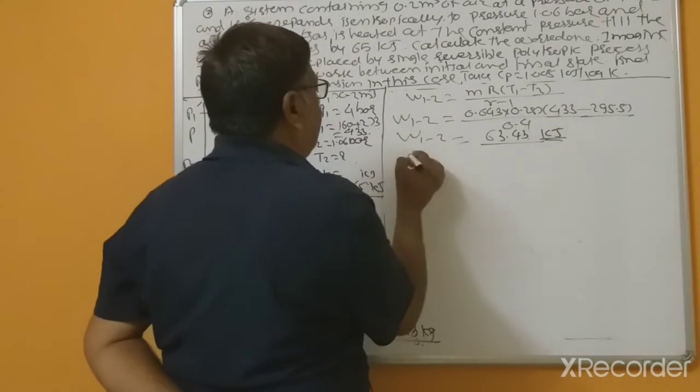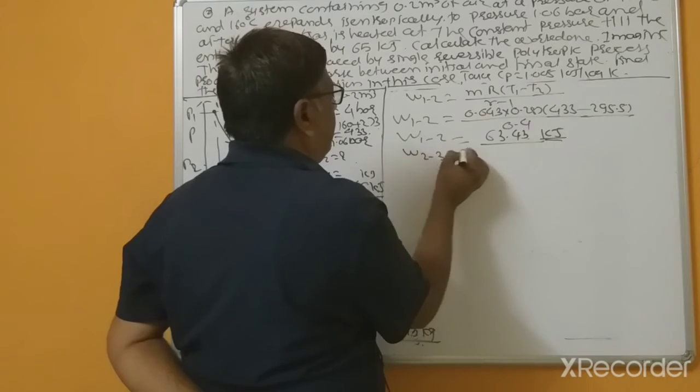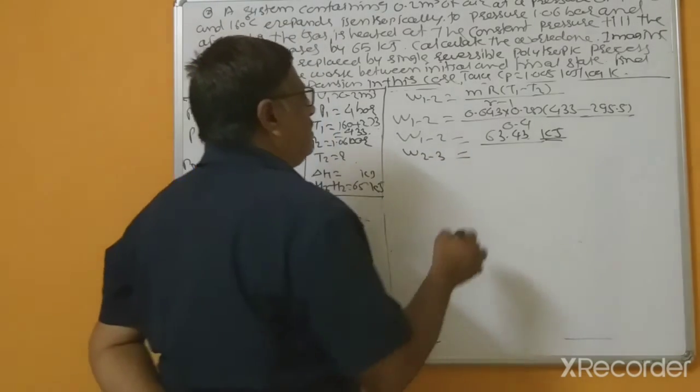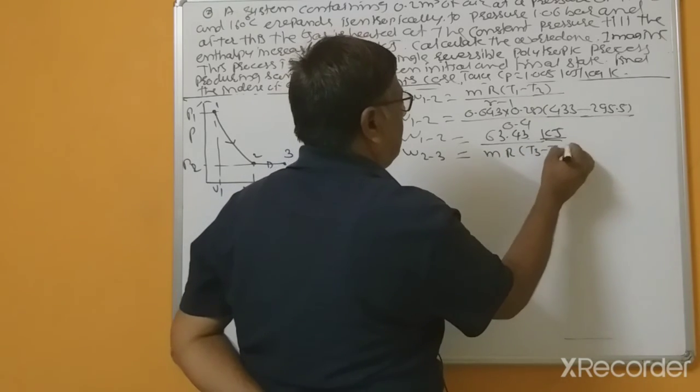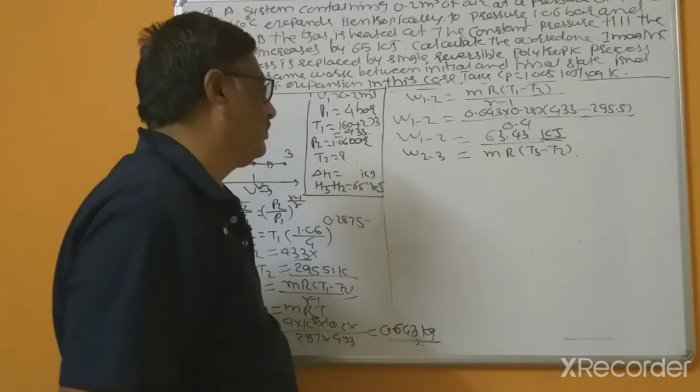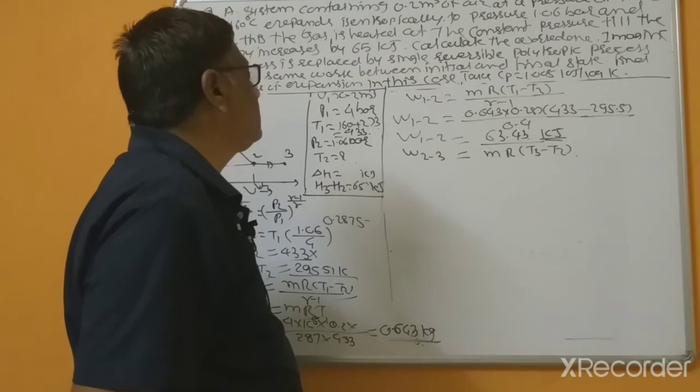Similarly, work done by process 2-3 equal to mR (T3 minus T2). Now we require T3.